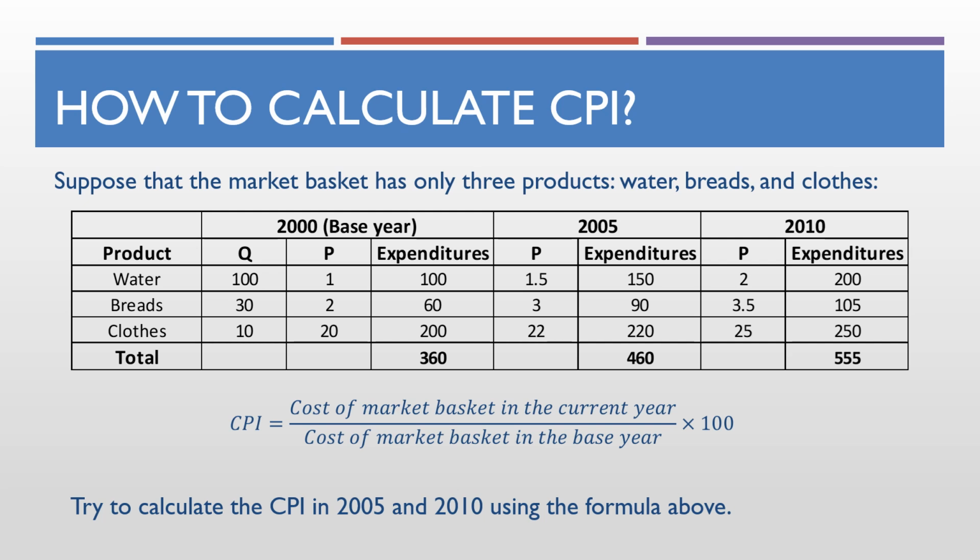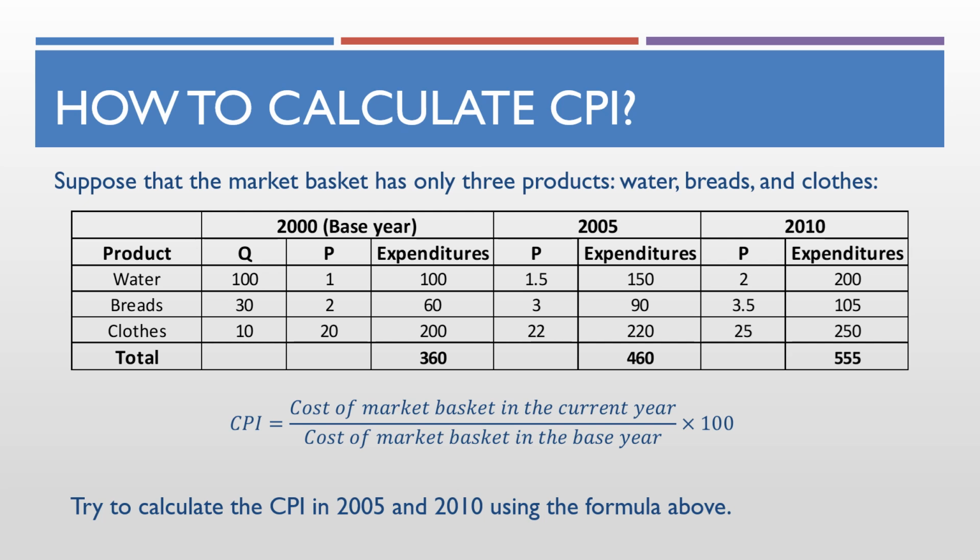So we have 2000, 2005, and 2010 measures, and each category has a different price that we track in those years. To measure the CPI, we first have to measure the total expenditure that we spend on this particular set of goods in the basket based on the prices in each year.